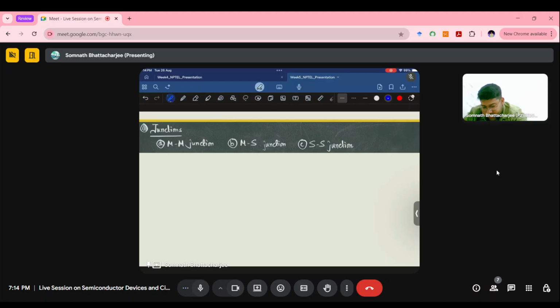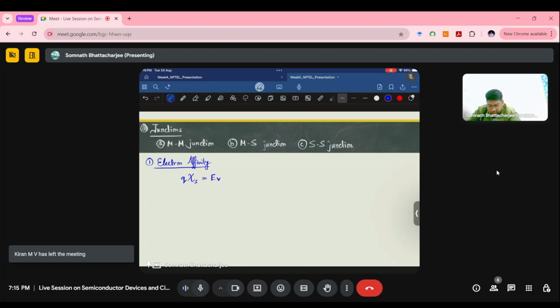The first thing we learned in this case was the concept of electron affinity. So what is electron affinity? Electron affinity is qχs. This term is nothing but the separation between the vacuum level of a semiconductor and the conduction band of the semiconductor.